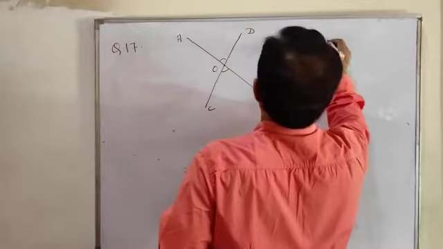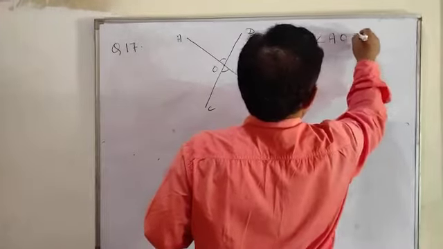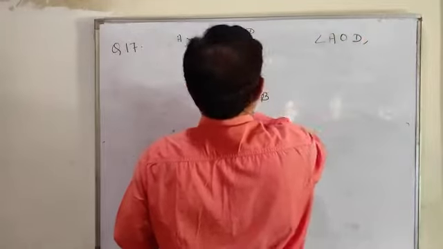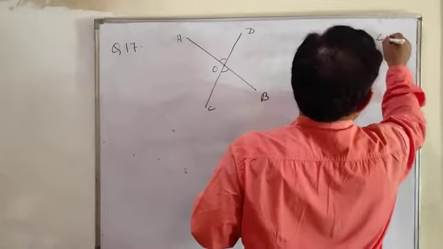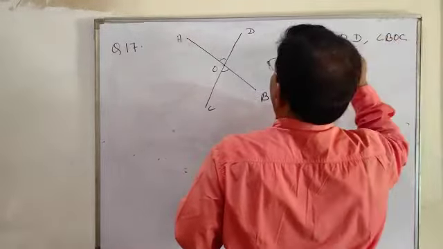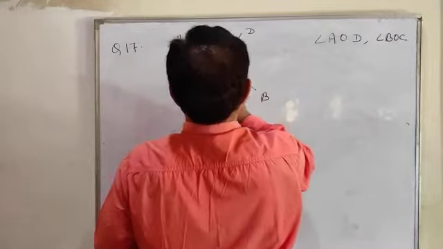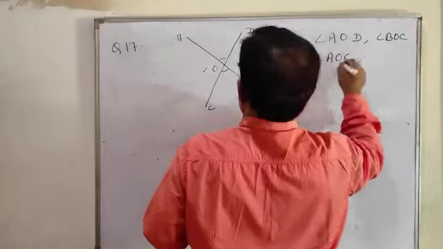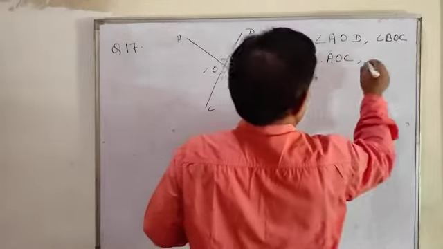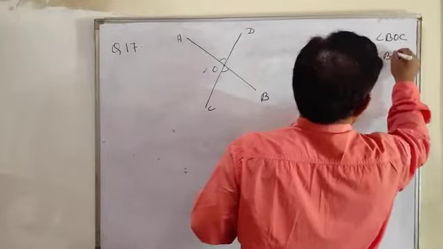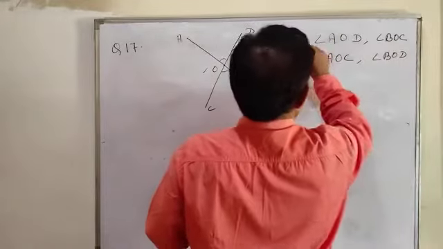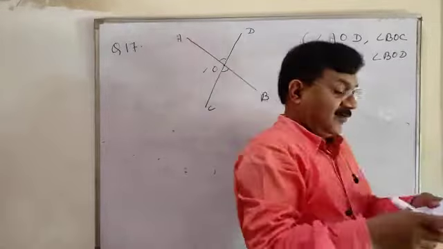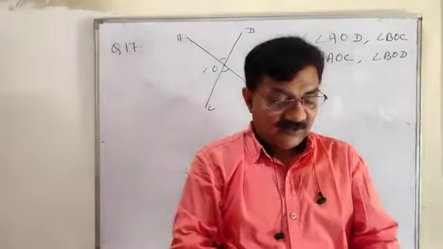Angle AOD and angle BOC form one pair. In this way, angle AOC and angle BOD are the two pairs of vertically opposite angles. So the rest of the questions you will do.